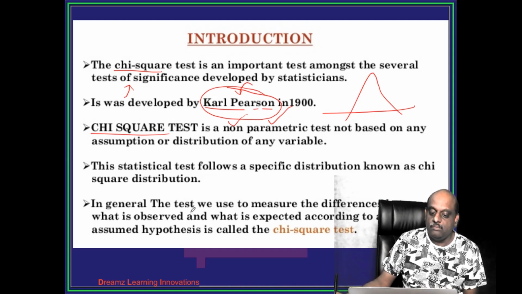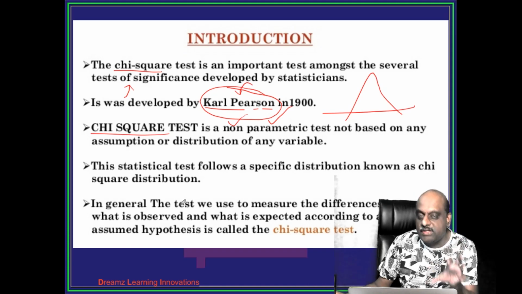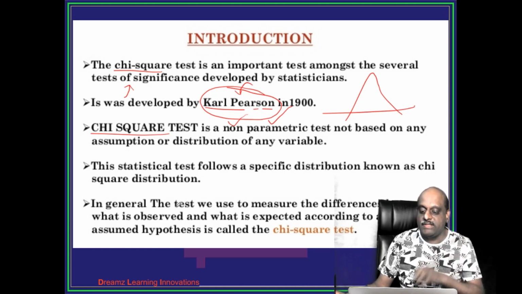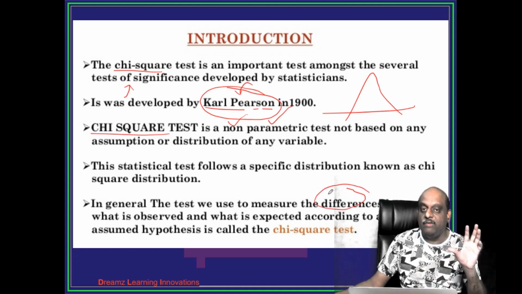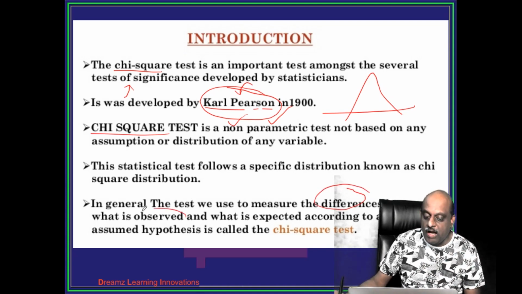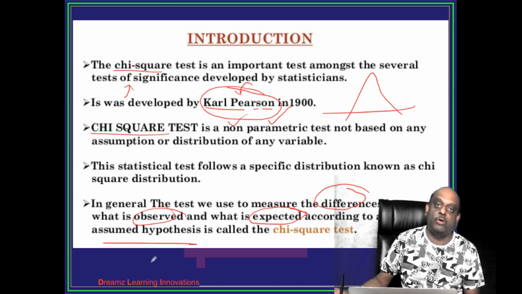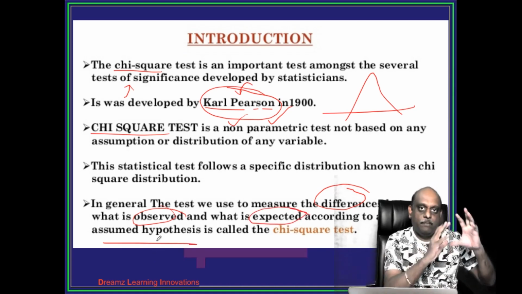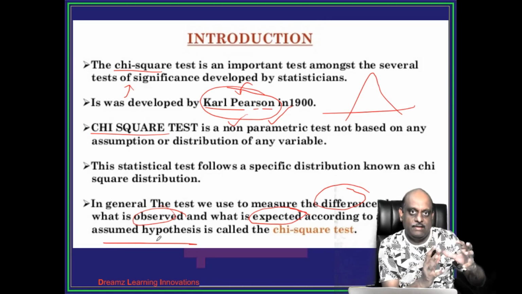Now, in general, what is chi-square test basically testing? It is testing the differences between what is observed and what is expected according to a given hypothesis, the proportion which you have expected.